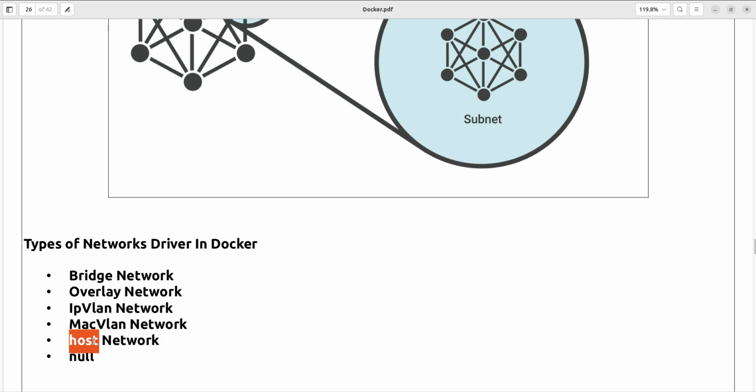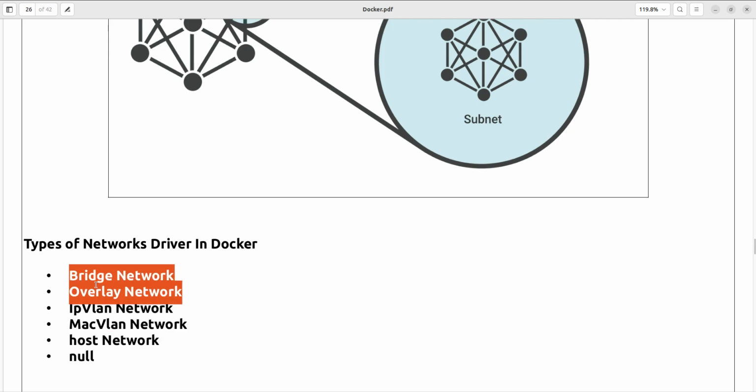Host network is nothing but assigning the host IP address to the container. The same IP address will be assigned to the container. In case of bridge or overlay network, the container will get a different IP address for each container.